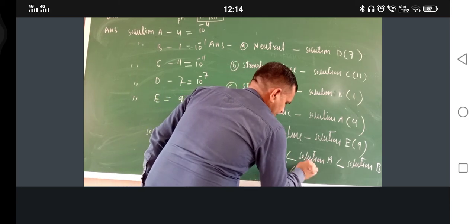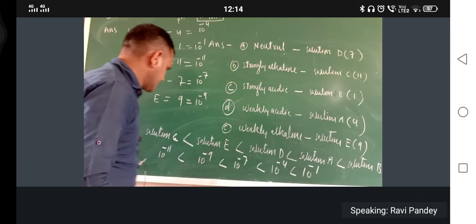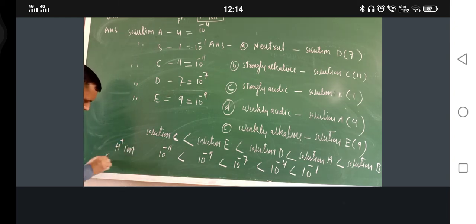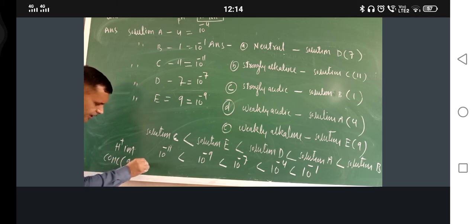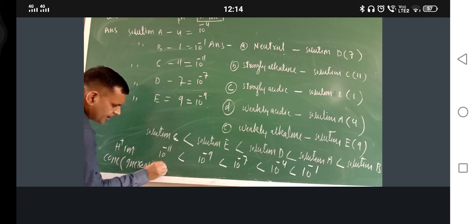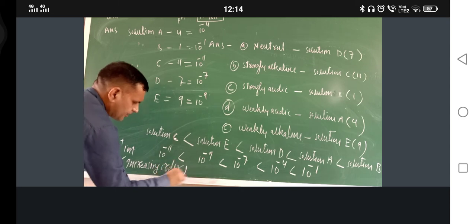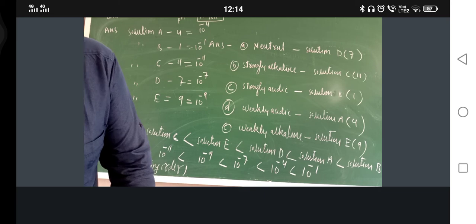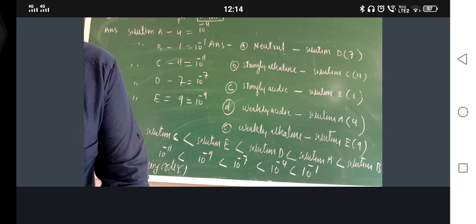Then 10 raised to the power minus 1. This is H positive ion concentration in increasing order.